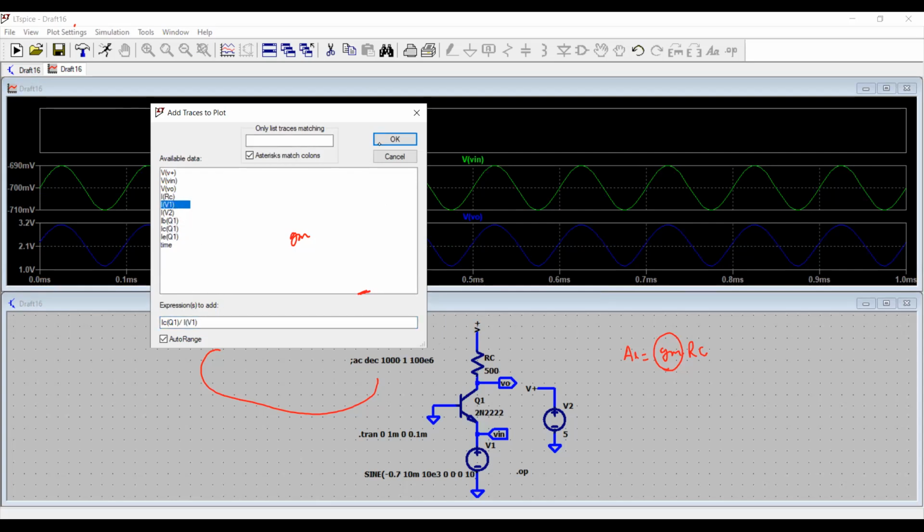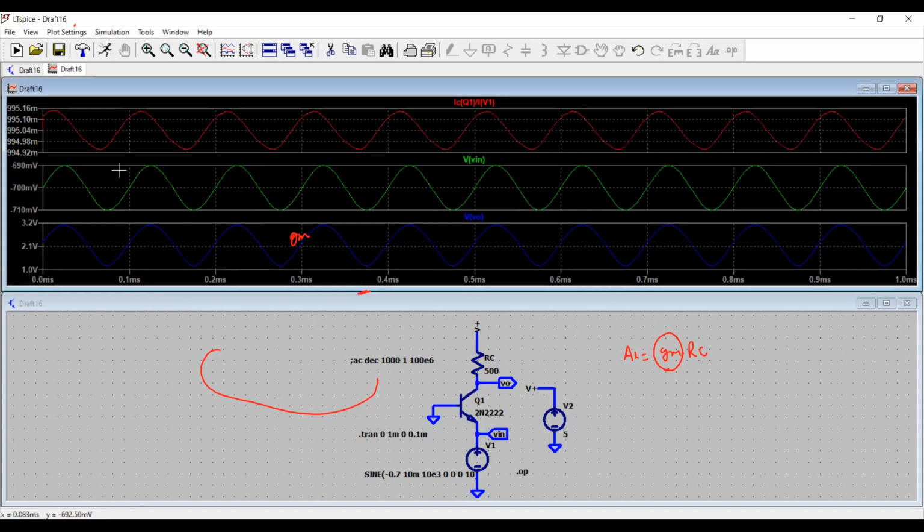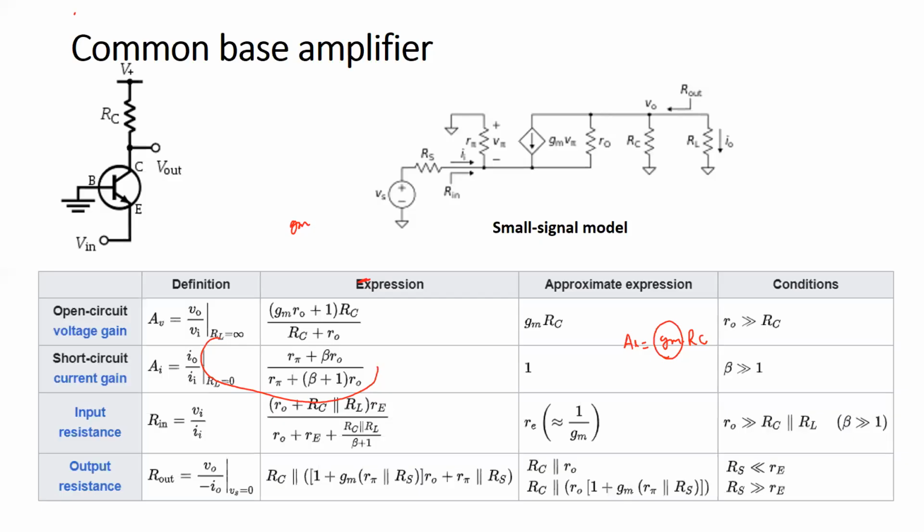So that's the current gain. Just a second, we'll see what the short circuit current gain is. Like RL has to be 0.